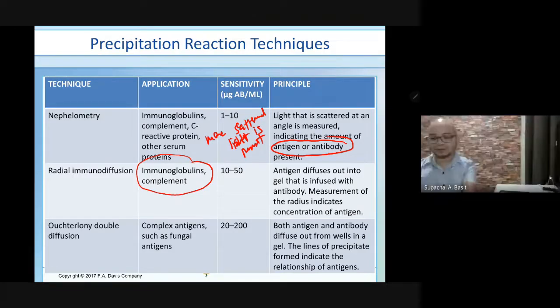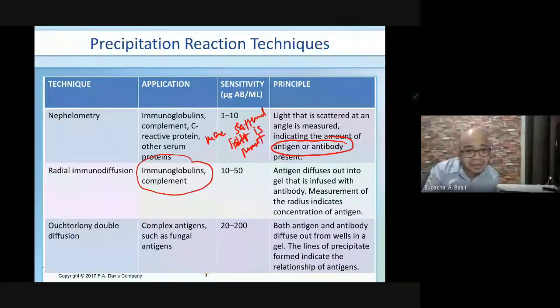Since it is infused with antibody, there would be a precipitin line. So what we're doing here is measuring the radius, which indicates the concentration of antigen.